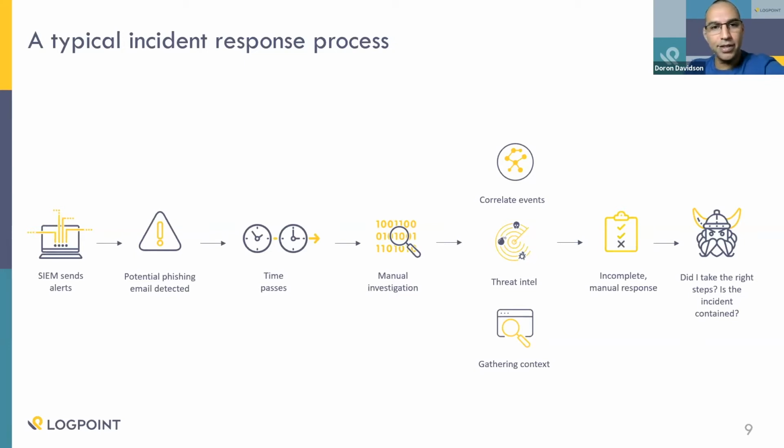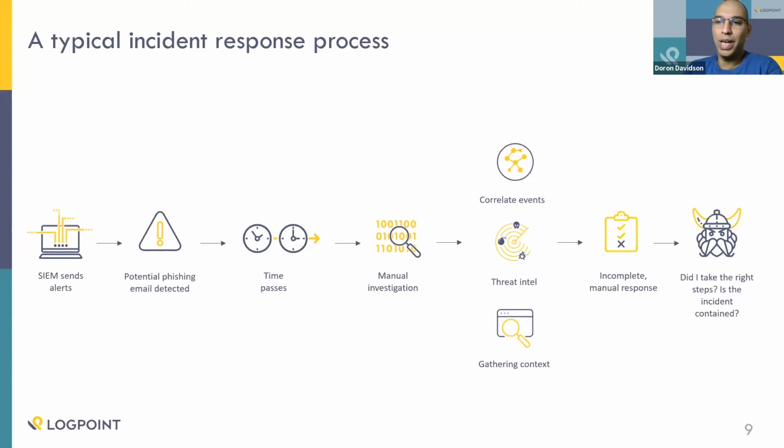So let's look at an organization that has not yet implemented a SOAR platform within their security control platform. And we can see that it has a SIEM. The SIEM has already collected data from all the different security controls. Either the SIEM had some kind of detection that it detected a possible phishing, or it is connected to some mail gateway that has alerted of a possible phishing attack.